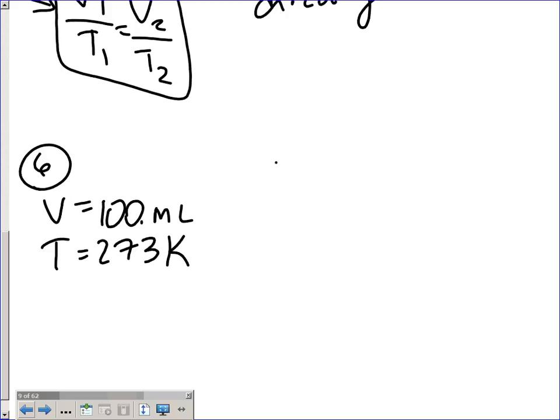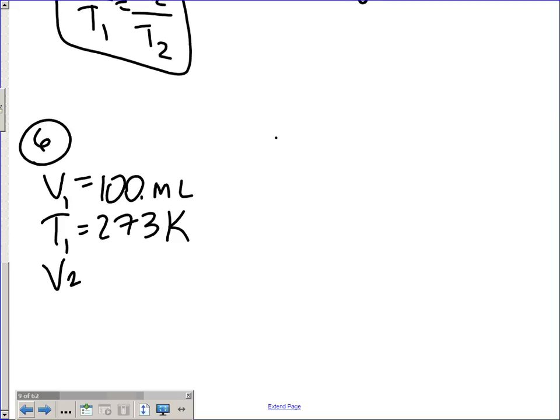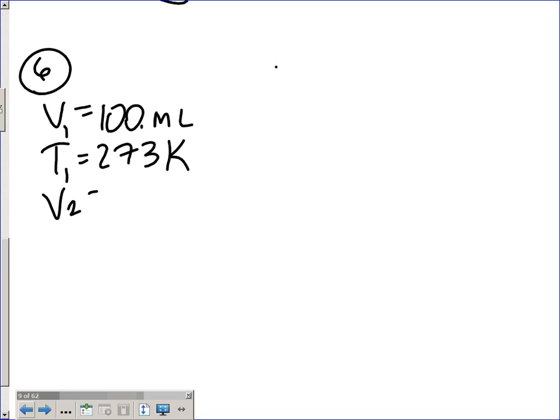Identifying the variables isn't hard if you know the units associated with the variables. Then it says what volume, so what am I writing here? Now I'm in a different scenario. I'm at V2. So these are V1, T1, and V2 is my question, and what's my other point of data?